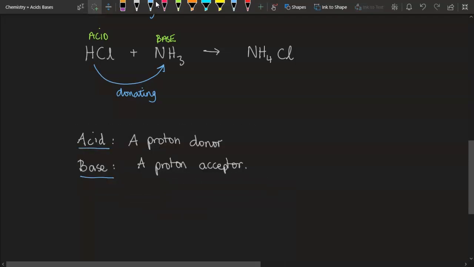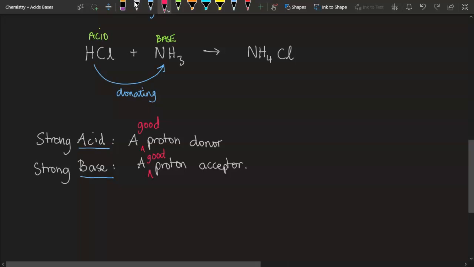So what happens if you are a strong acid? What happens if you are a strong base? Arrhenius said that these are things that completely dissociated or almost completely dissociated. A strong acid, very simply, is a good proton donor, and a strong base is a good proton acceptor.